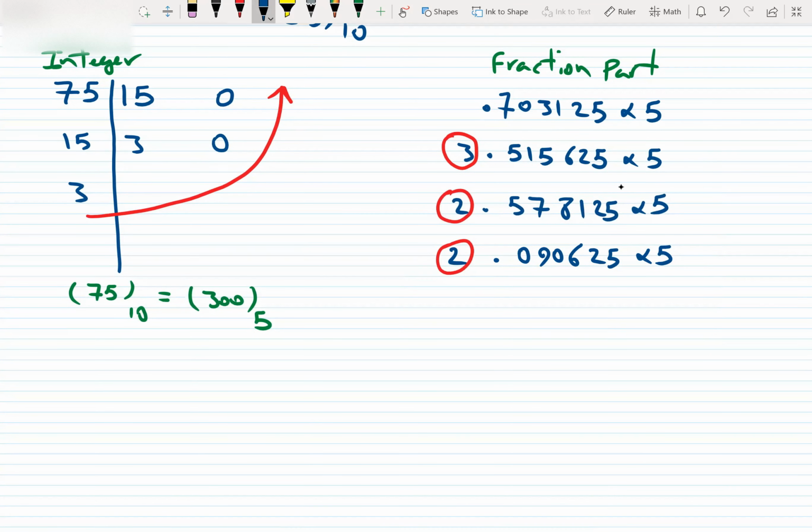The answer is 4.453125. We already know that for fraction conversion, we might not reach an exact conversion, and we have to stop at some point.